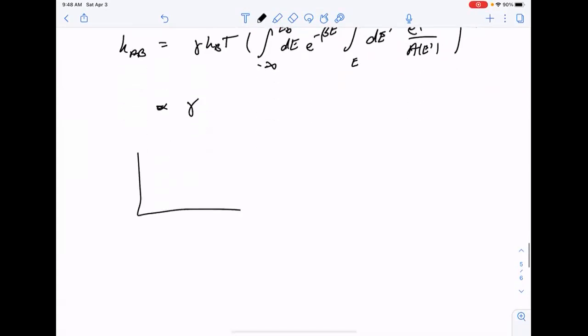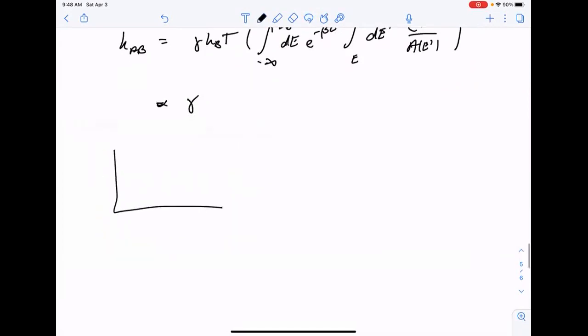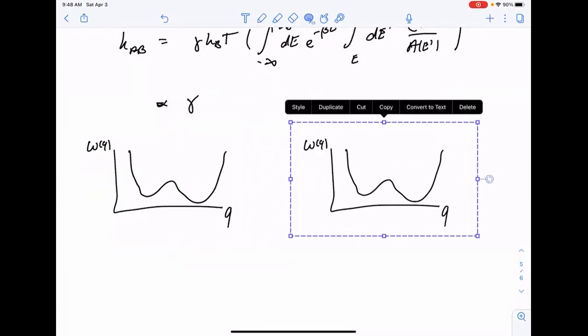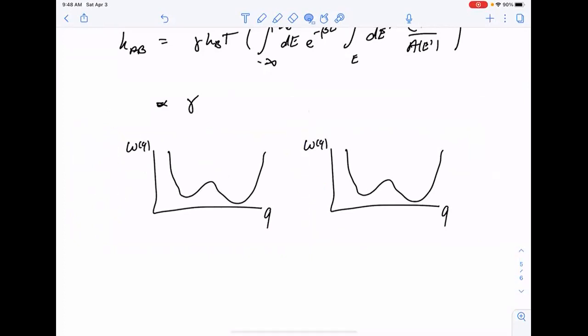Maybe to draw some cartoons. So in the spatial diffusion limit, we get to the top of the barrier and then we undergo a random walk before eventually falling down.